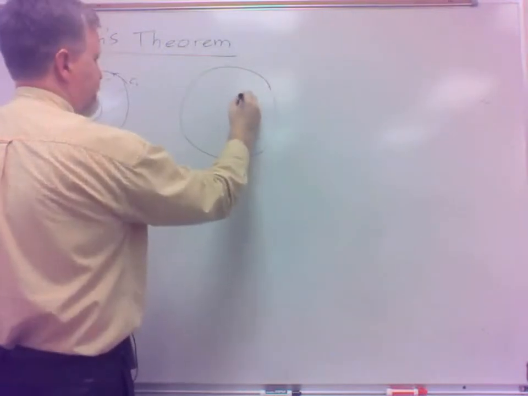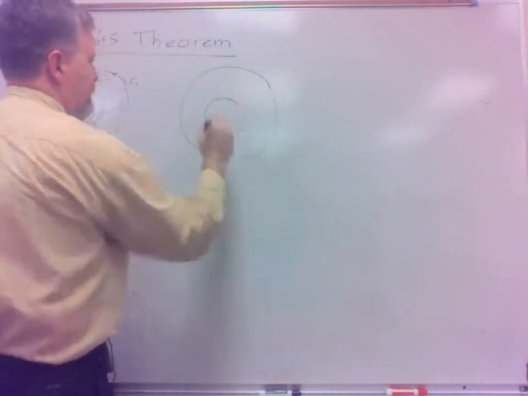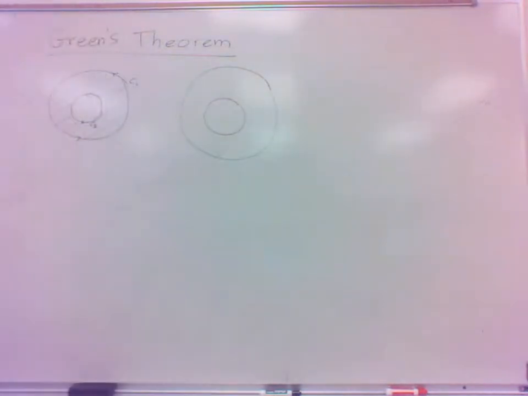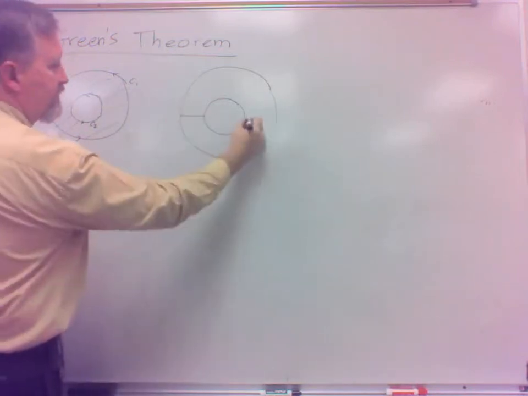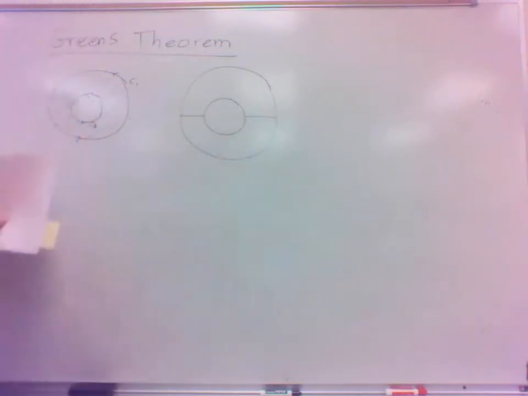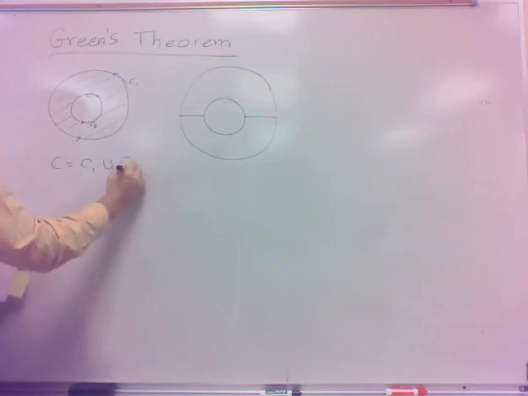I'm drawing these supposed to be the same. Notice here that if I cut a line right here and a line right here, then I can actually make the curve C. What I'm saying is C is the union of those two.